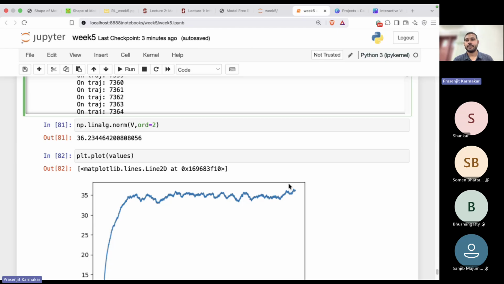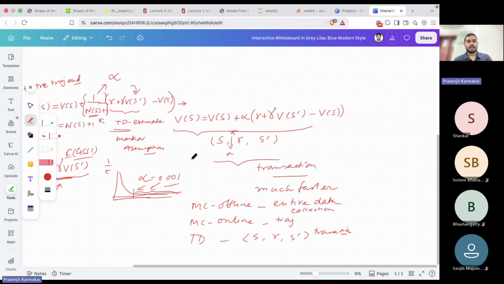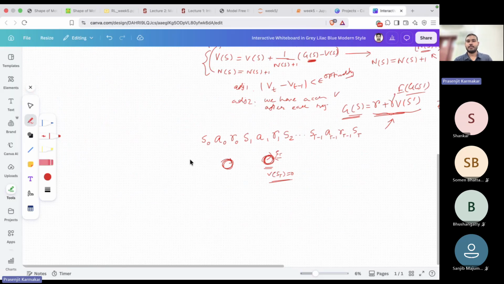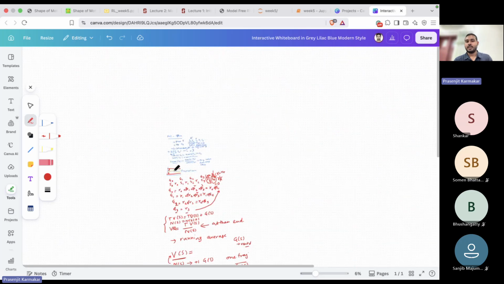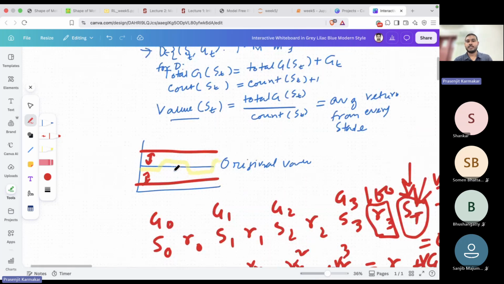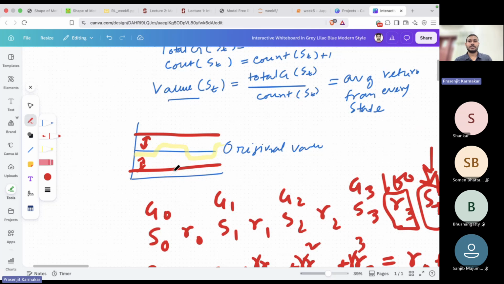It's the same as the every-visit versus first-visit thing. If you visit every time, you get a biased estimate; if you visit one time, you get an unbiased estimate. Every visit can be more or less than the original value. It's exactly the same.